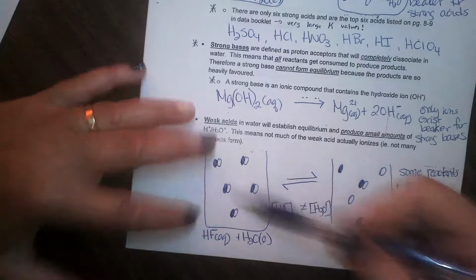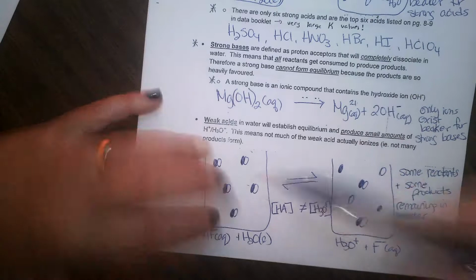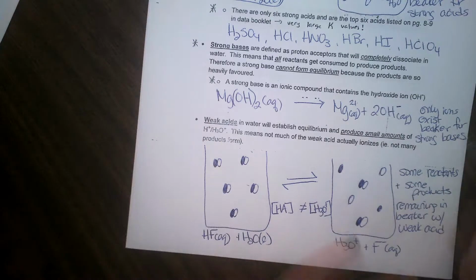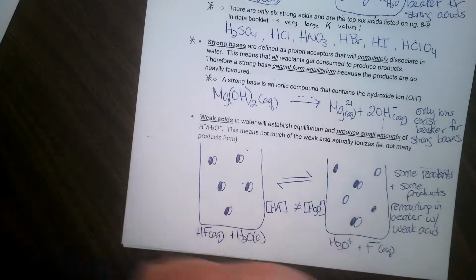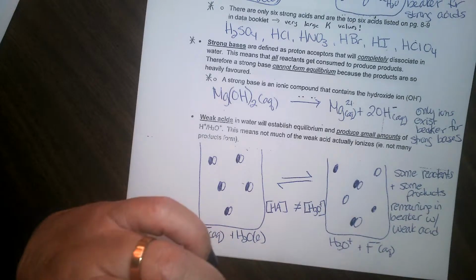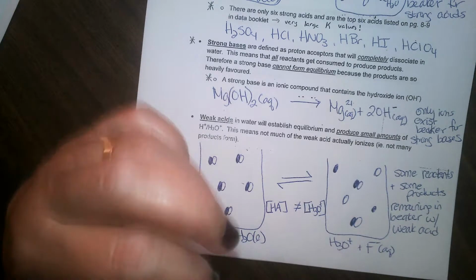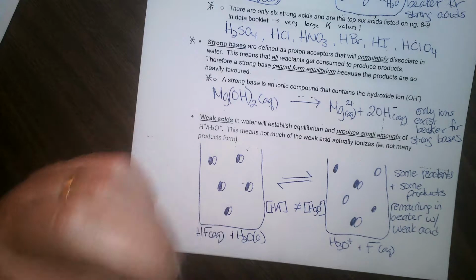Because here this is all hydrofluoric acid. Over here, there's some hydrofluoric acid, there's some hydronium ion, there's some fluoride ion. Okay, so the concentrations aren't the same. Good so far?